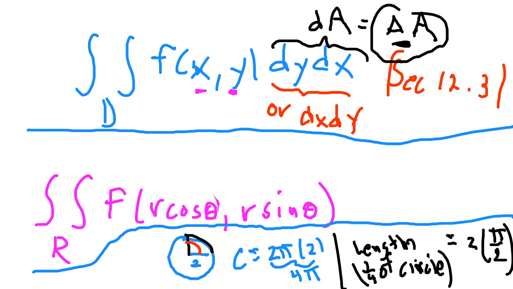So that's like r times the change in the angle. Okay, and so when we go back to the picture here, that equals pi, right? 2 times pi over 2 equals pi. Let me just put that in.